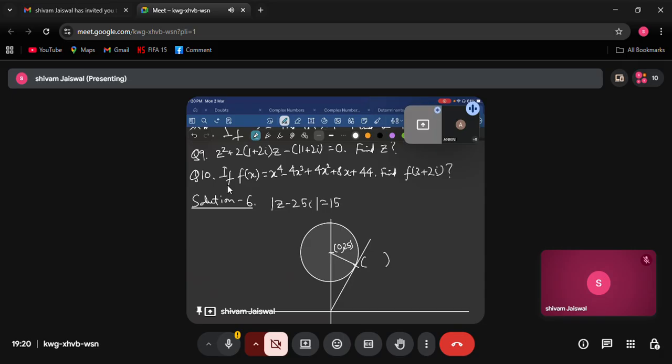This length is equal to 15. And this is 90 degrees. I might ask you to find out the coordinates x comma y. From here, let us drop a perpendicular. So this is 15. What is the distance from the center to the origin? 25. And what is this length? 20.